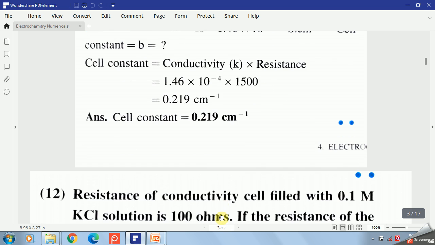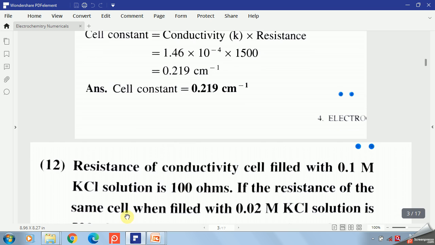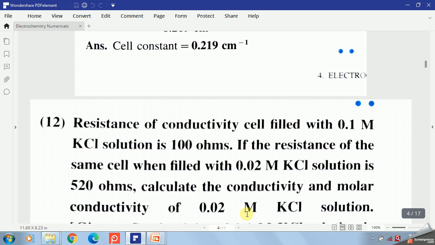Next numerical: resistance of a conductivity cell filled with 0.1 molar KCl solution is 100 ohm. If the resistance of the same cell when filled with 0.02 molar KCl solution is 520 ohm, calculate the conductivity and molar conductivity of 0.02 molar KCl solution.